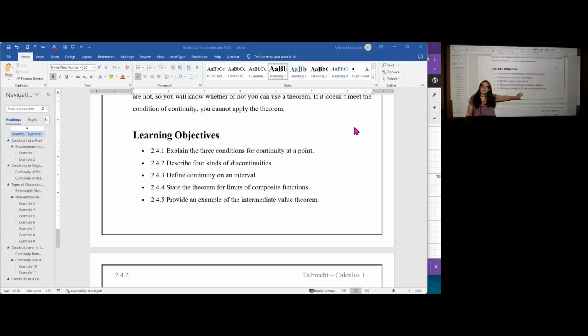Finally, we're going to take a look at the Intermediate Value Theorem. This is another important theorem in mathematics because it leads to the proof of the Mean Value Theorem, which we'll cover later this semester. And the Mean Value Theorem is involved in some of the most important theorems in calculus.